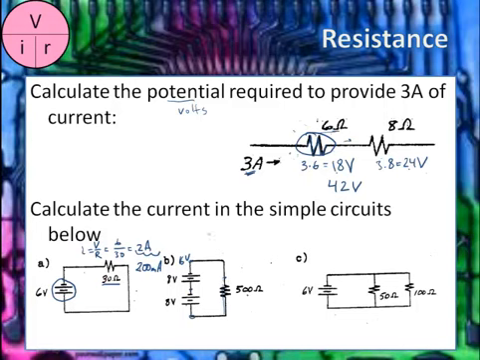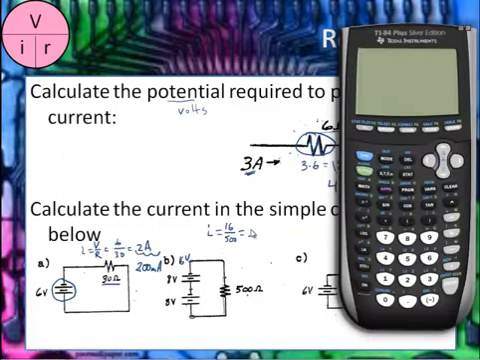How much? Well, current is voltage over resistance, so 16 divided by 500, and that is 0.32. Let's check here. 16 over 500, so 0.032 or 32 milliamps.